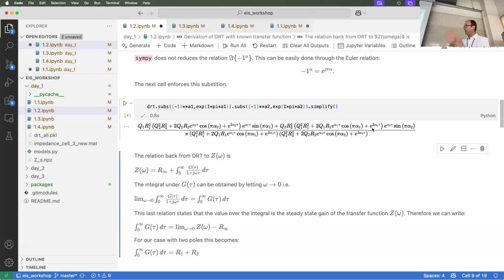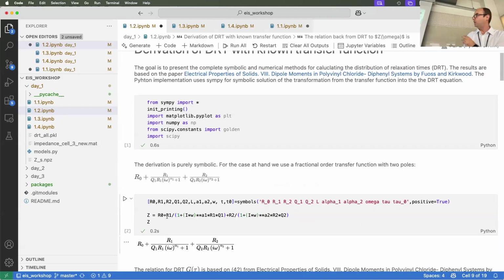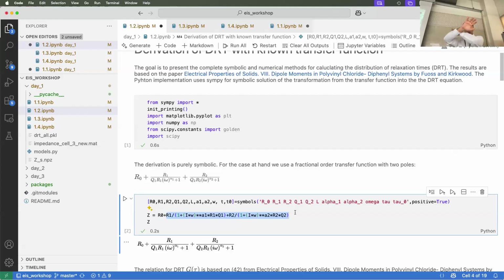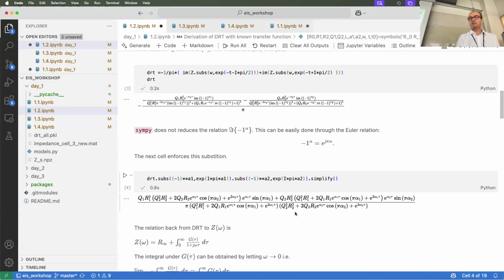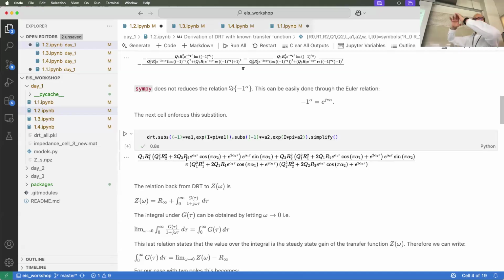Yes, it is a painful way to derive it, but having symbolic libraries, you can just go here, change this relation to whatever impedance you think of, make it as complex as possible, and go down through this, and you will get a really big sausage, and this will be the DRT in closed form. I guess someone can reduce this equation further, but if we plot it, this is the DRT in closed form.